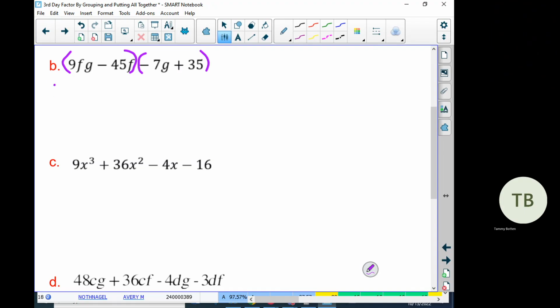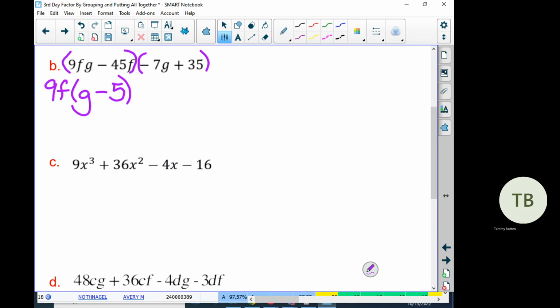A 9 goes into 9 and 45, and I also have an F in each of those. So what I would do is go 9F times what gives me 9FG, that's G, minus 9F times what gives me 45F, that's 5.